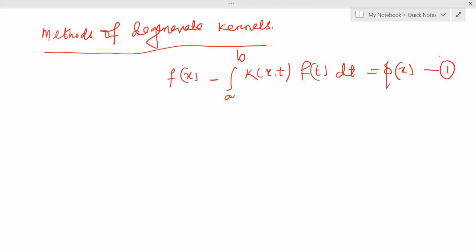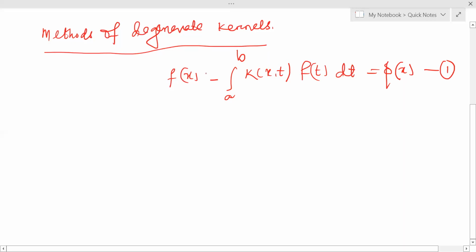A kernel k(x,t) is said to be degenerate if it satisfies the following conditions.